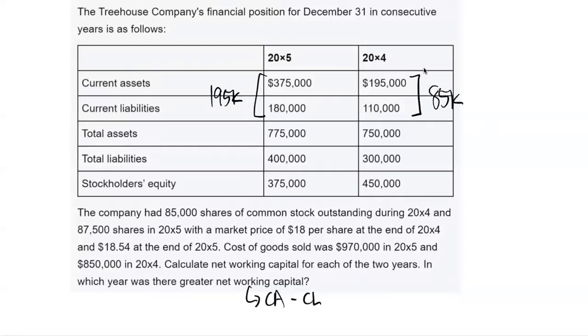Ayun, 20x5 yung ating mas mataas na year with an amount of 195,000 over 20x4 na may net working capital na 85. So, yun ha. You read the question stem, you identify what you need, and you focus on what you need. You save a lot of time by doing that. Can you imagine kung pinakilaman natin na yung iba dyan, di ba? So, sayang yung oras. Gets itong question na to? Yes po. Okay, next.